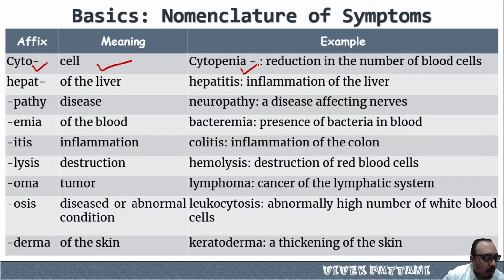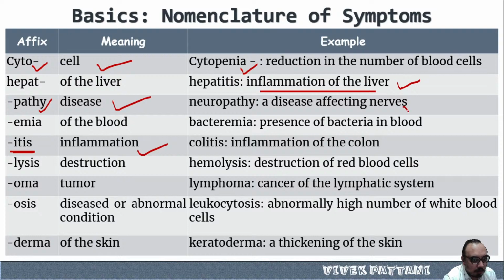Hepat means of the liver, and the example is hepatitis. Hepatitis indicates inflammation of the liver, and itis indicates inflammation. Now the second one, pathy. Pathy means disease.